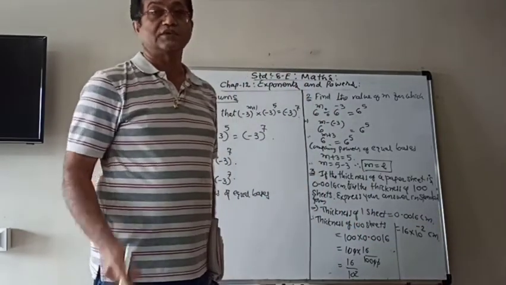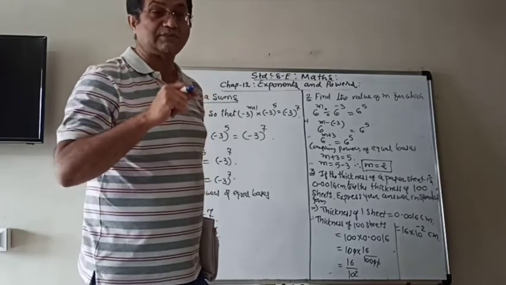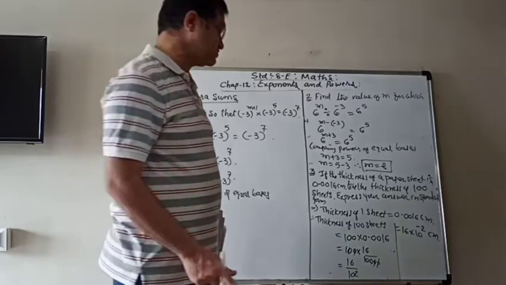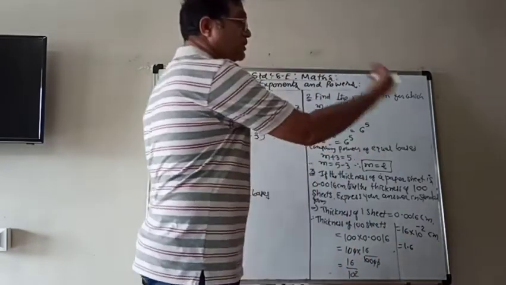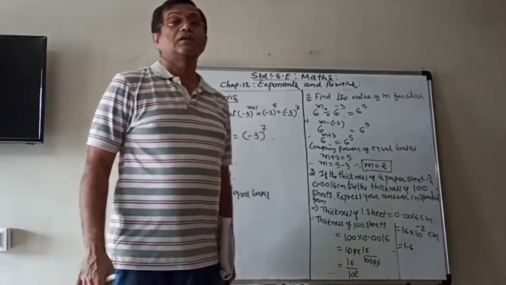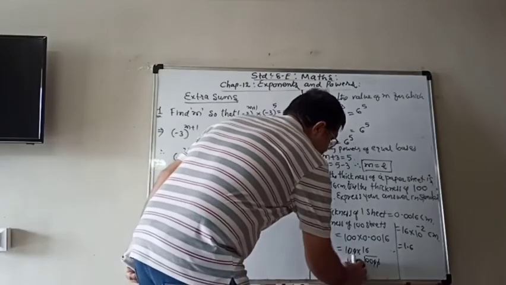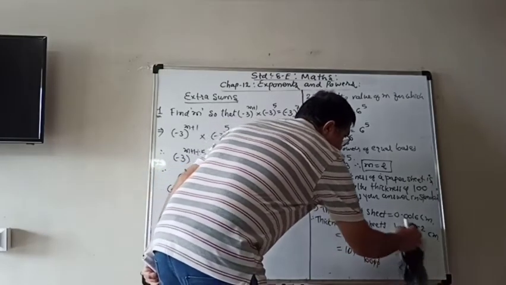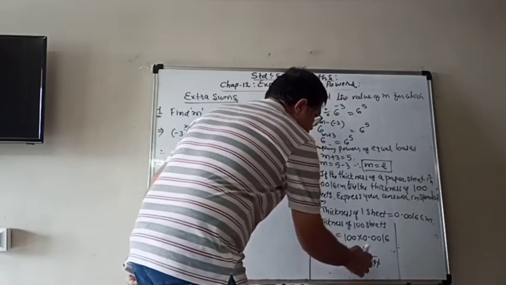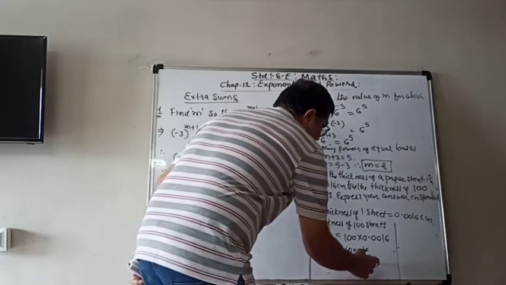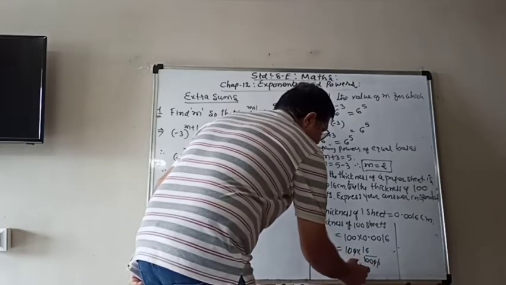But it is still not in standard form, because the decimal point must be after the first non-zero digit, means it must be 1.6. So rather let me do another way. You know that 16 upon 100, what is the meaning of it? 0.16.